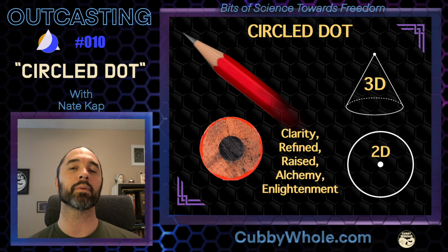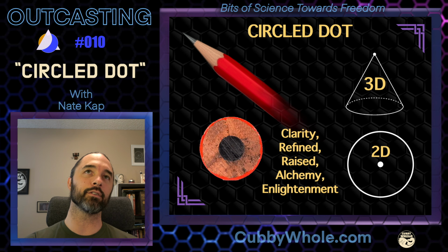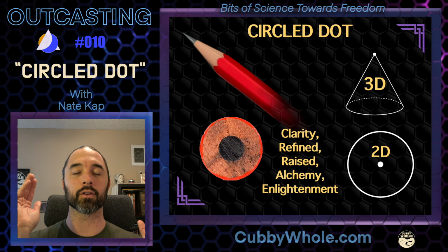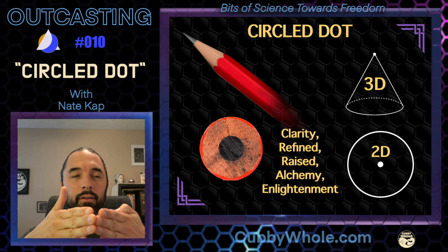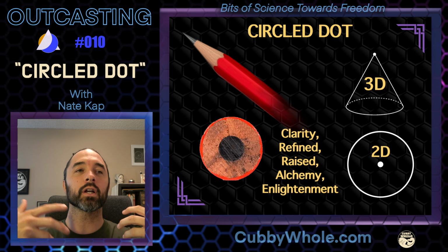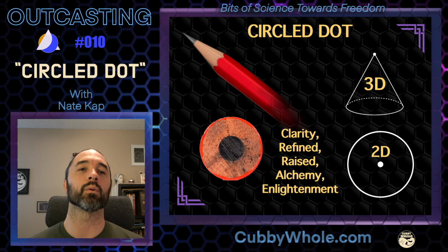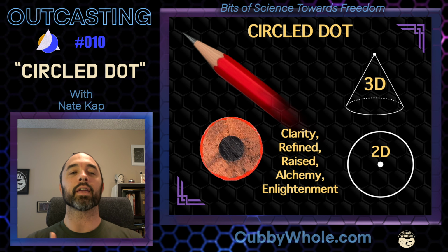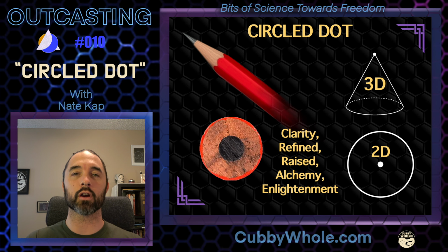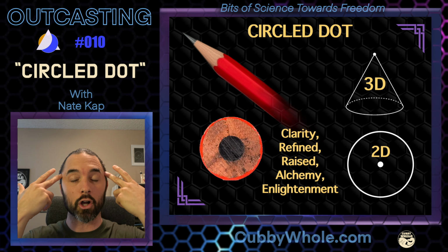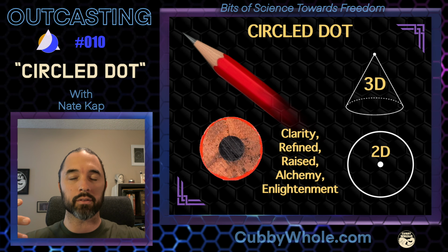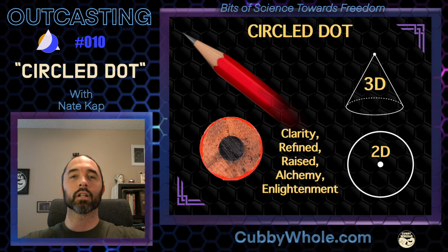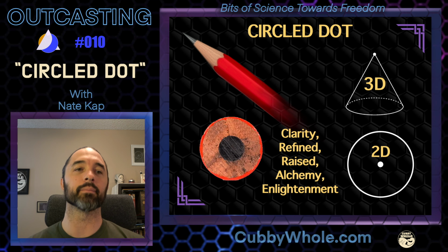As we sharpen the pencil, this is akin to sharpening ourselves to get closer to a point. And that's the point. We're trying to get to the point. Because if your pencil is unsharpened, it's dull. And if you're dull, then you're not sharp. You're not clear. You don't have clarity.